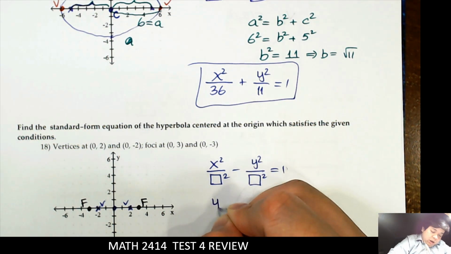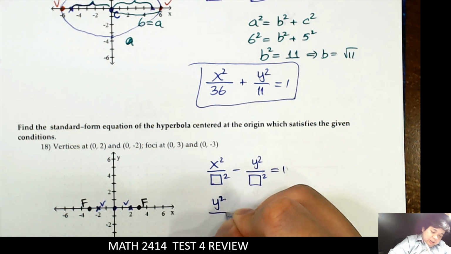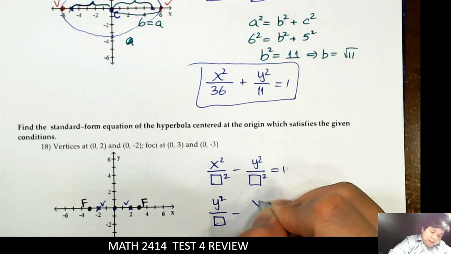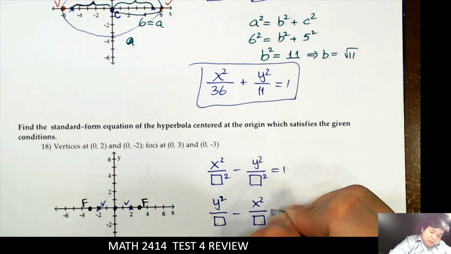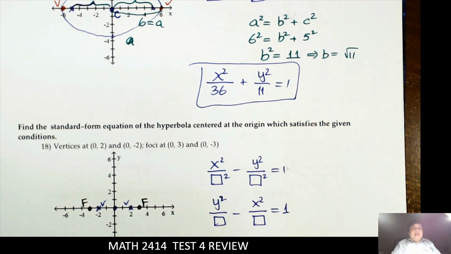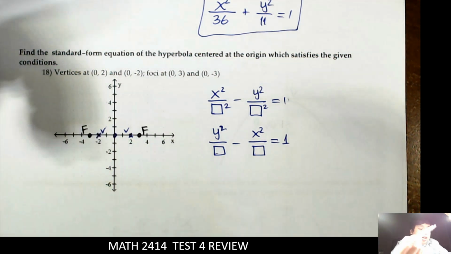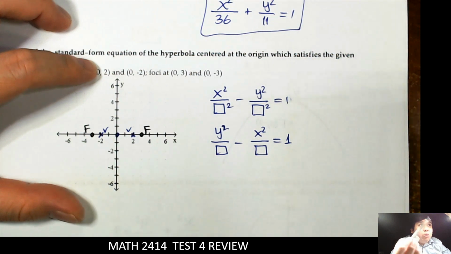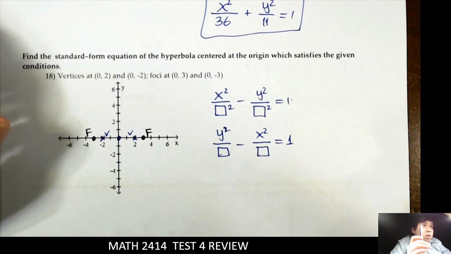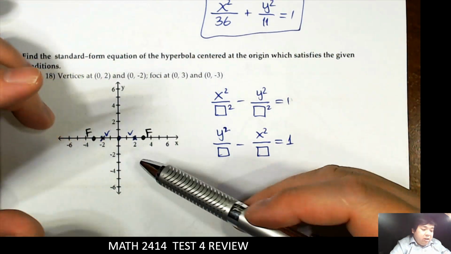Or it could be y squared first. Now, first determine quickly which one it is going to be. Just choose the point 0 and 2, for example, since the vertices belong to the graph.